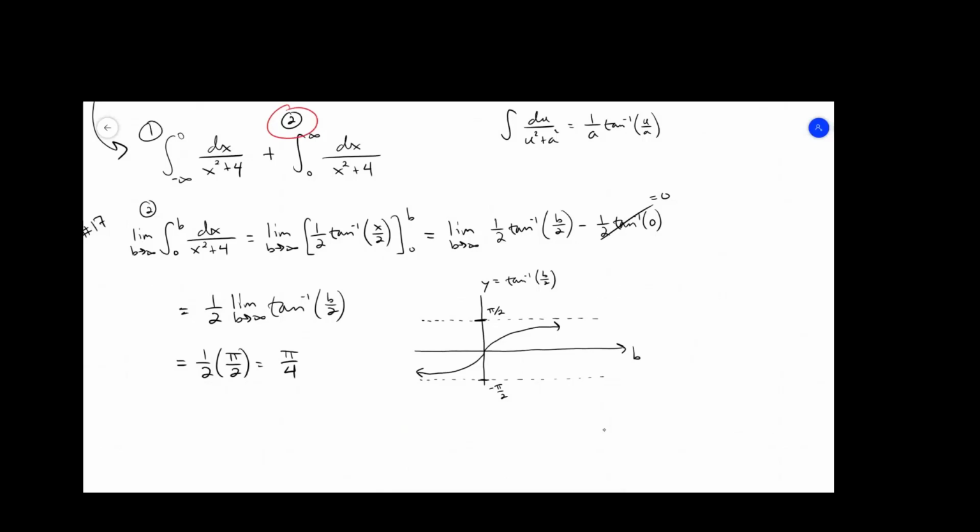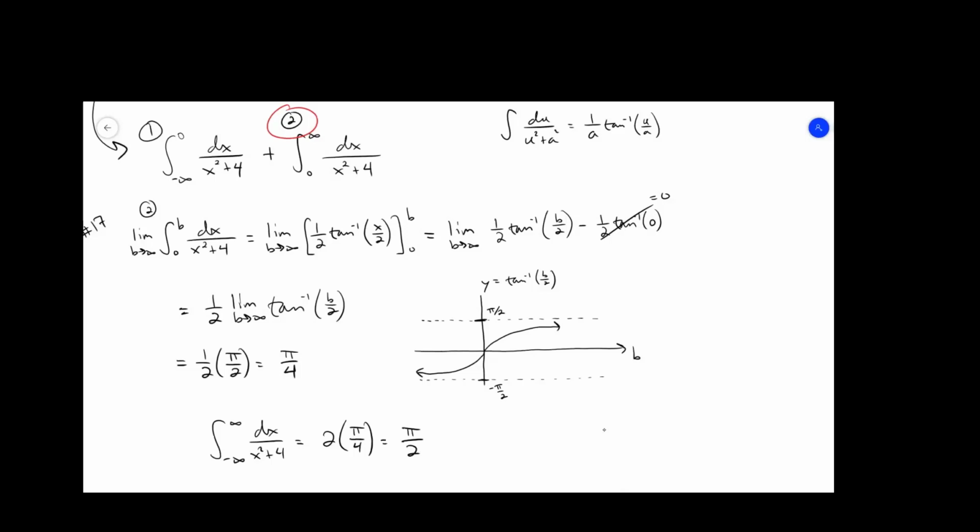Remember that we said it was symmetric. So what we got for integral number 2 will be exactly the same as what we get for integral number 1. By symmetry, our final answer for the integral from minus infinity to infinity of dx over x squared plus 4 must be twice the answer we just ended up with, which is pi over 2.